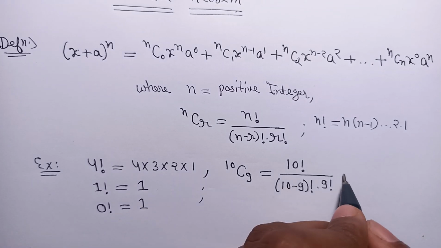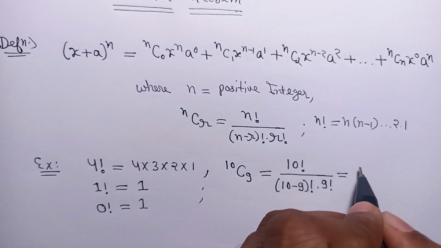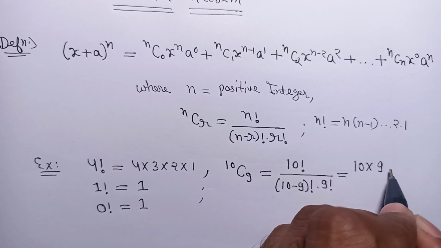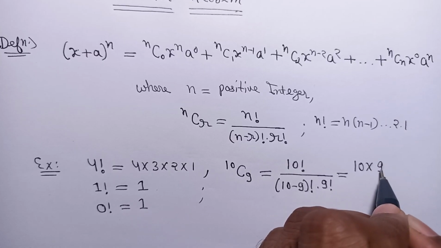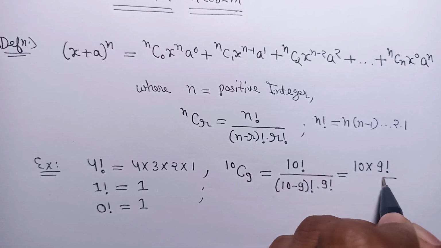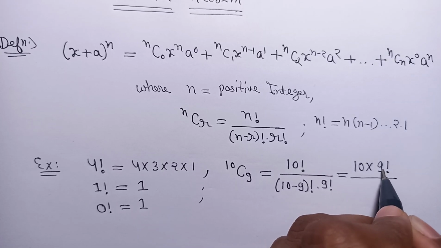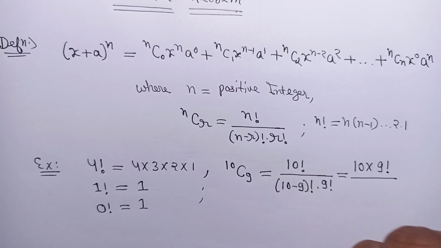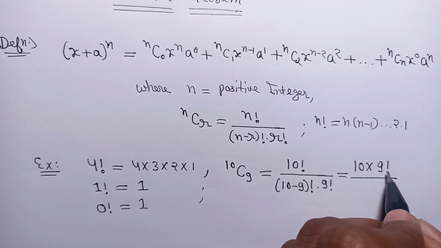So 10 factorial means you can write 10 into 9 and so on, but I am stopping at 9 factorial.